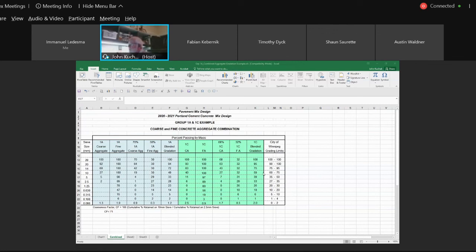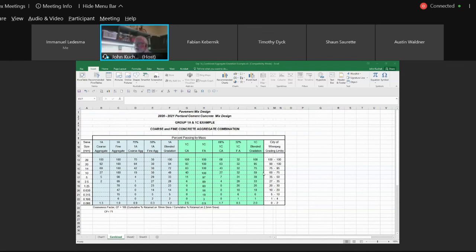Any questions? This is important because you might find out later, let's say we're going with a 60-40 mix. When you do the mix design and you base it on the FM of the aggregate sand, and on the bulk density of the coarse aggregate, you may find that your mix design actually comes up with a 58-42 coarse to fine aggregate ratio.